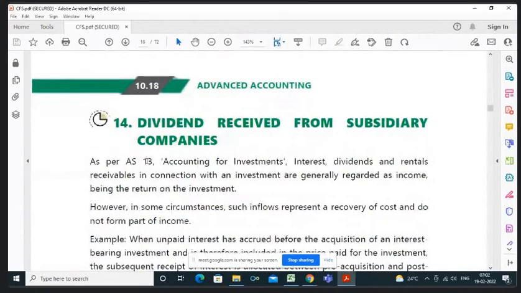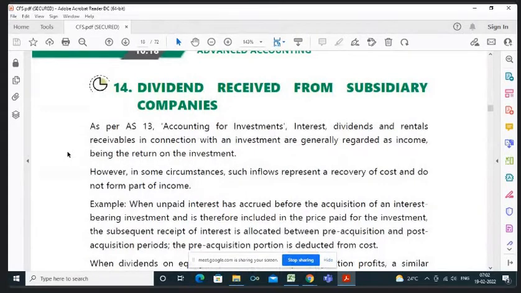And we have to study dividends received from the subsidiary company, and how to deal with them. As per Accounting Standard 13, accounting for investments, interest, dividend and rentals receivable in connection with an investment are generally regarded as income, being the return on the investment.